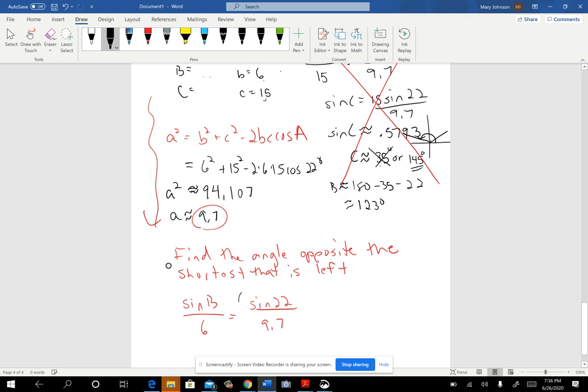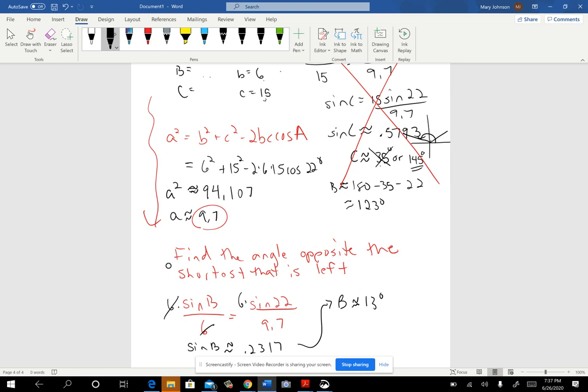then I would just type in 6 sine of 22 divided by the 9.7, and I would get that the sine of B should be about 0.2317. And then if I inverse sine 0.2317 and get my angle, I get that B is about 13 degrees.